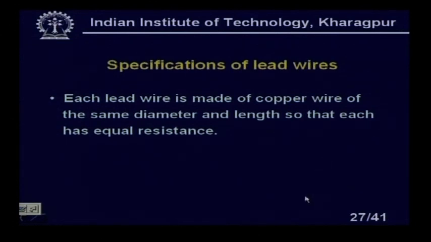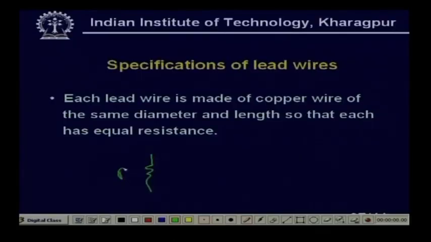Now, specification: each lead wire is made of copper wire of the same diameter and length, so that each has equal resistance. These are specifications of the lead wires which will connect from the bulb of the thermometer to the bridge circuit, right. Because the lead looks like this, I have a thermometer bulb, RT.